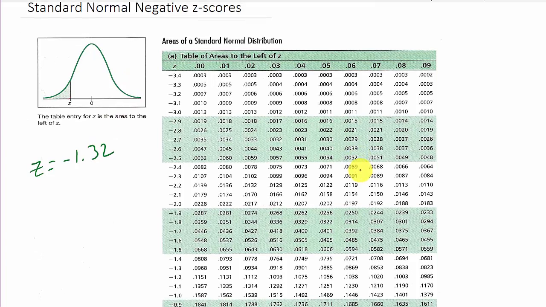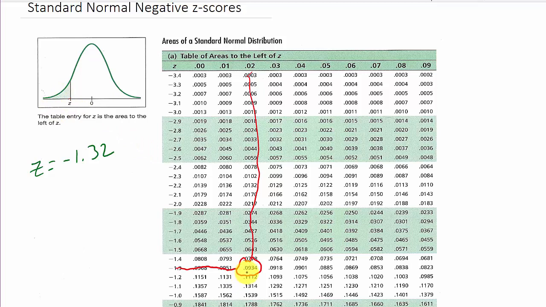So we need to come down here to negative 1.3, and then the 2, the second decimal place, is in these numbers up here. So you can see the second decimal place is 2, so that means we'll be in this column here. So we've got negative 1.32, and there's your area to the left of that z value.